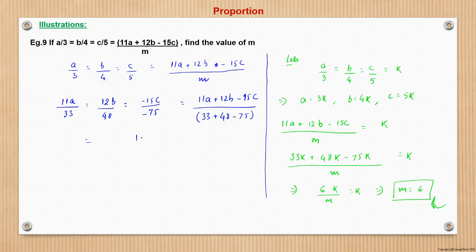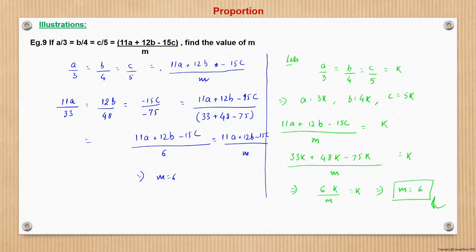So this is nothing but (11a plus 12b minus 15c) upon, 33 plus 48 is 81, minus 75 is 6. So if we equate this to the equation of (11a plus 12b minus 15c) upon m, on equating we get m is equal to 6. So just for the sake of clarity and understanding, I have written all these steps.